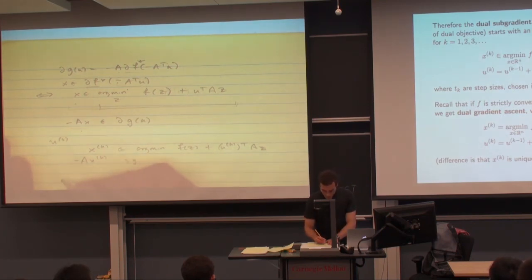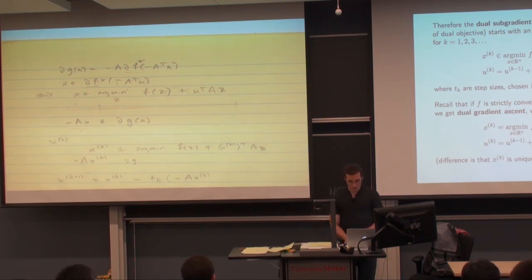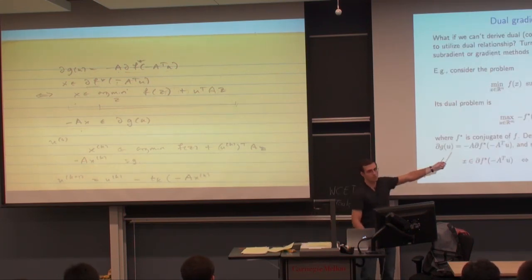So then the update step is going to look like I take my current u and I subtract off a step size times a subgradient at u_k, which was this. And then I actually left out one part of the dual criterion, which was this minus b transpose u, but its subgradient is just b.